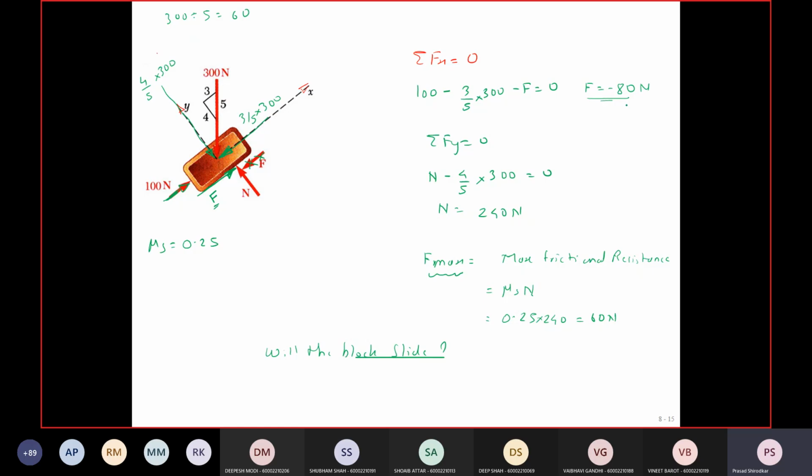So here we are getting it more than 60 newtons. It is crossing the limit.